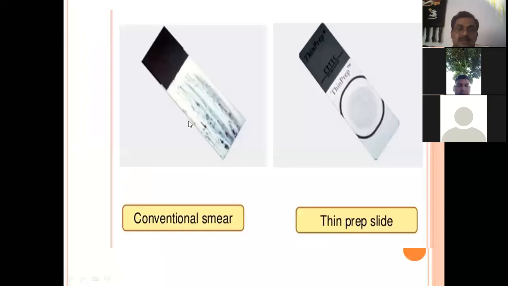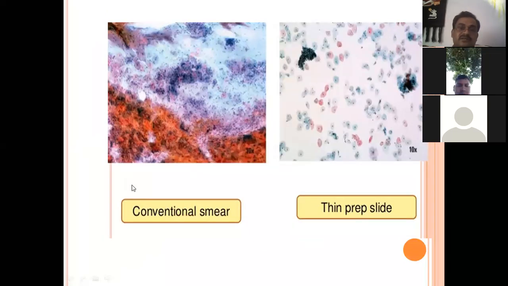What we are doing in our lab is a very conventional type of smear. Nowadays, a latest advanced technique is used for preparation of the slide, and that is called thin prep slide. Conventional smear we are doing in our lab. This is a different instrument where the smear is very thin, and a monolayer smear you can get by this technique, thin prep slide. You can see the difference. In a conventional smear, your microscopic view is appearing like this.